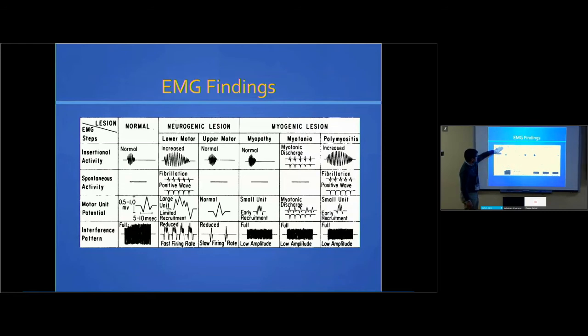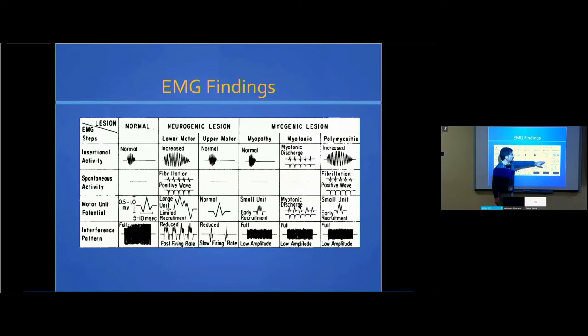The other thing we look at is spontaneous activity. Normally, once the needle is moved, it becomes quiet, and when we're testing at rest, not moving the needle, it's flat. But when there is axonal loss, you'll see positive sharp waves or fibrillation potentials. In somebody who has weakness from stroke, we see nothing.